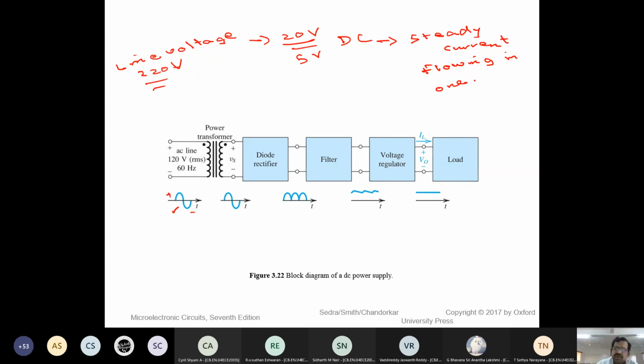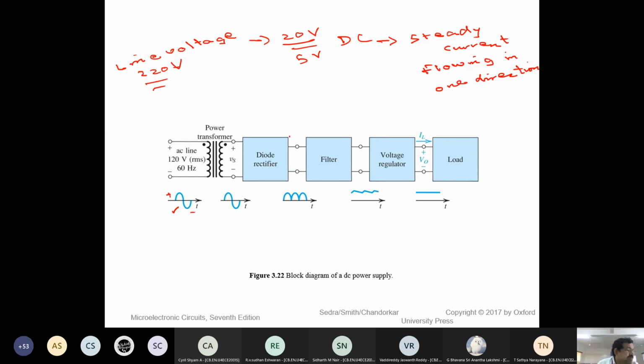It won't alternate between the cycles. So to get to this level, we first need conversion of this AC into a DC, which is accomplished by a diode rectifier. The diodes are extremely useful and popular in constructing very nice rectifiers.